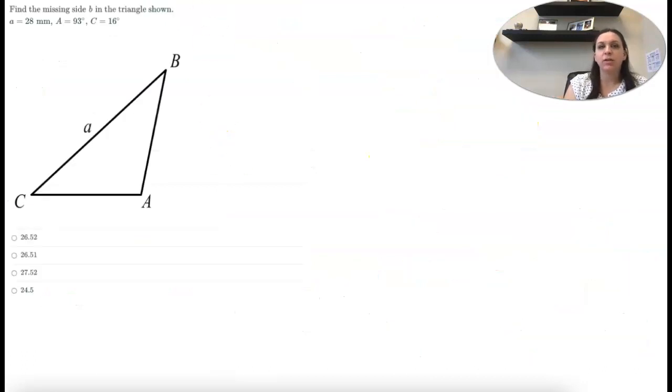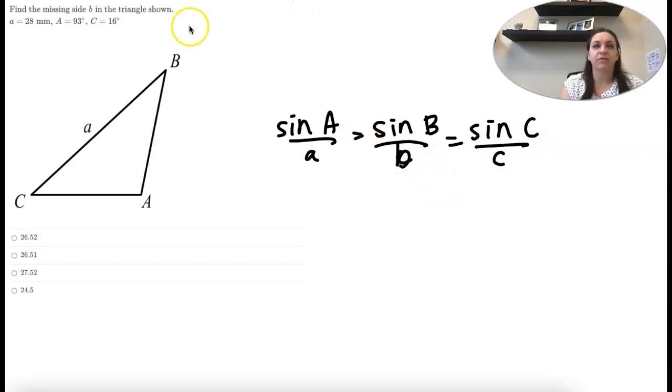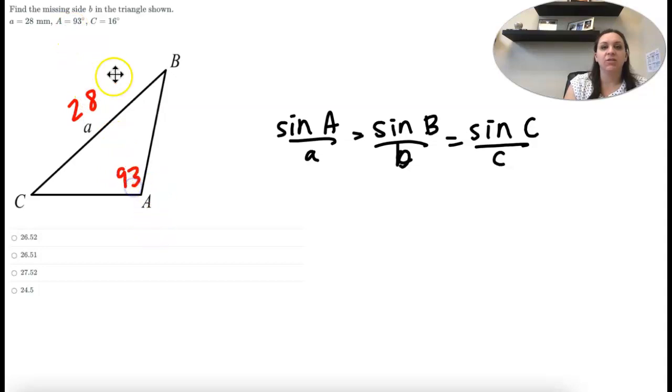Let's do one more. So law of sines gives us 3 that are equivalent, but we need to use 2. So let's see what we have. Side A is 28, angle A is 93, angle C is 16.